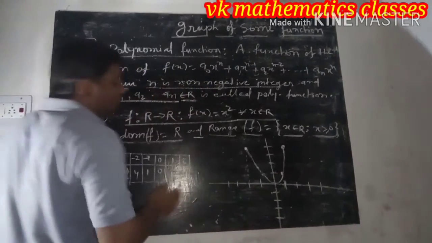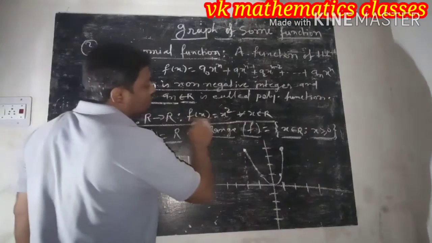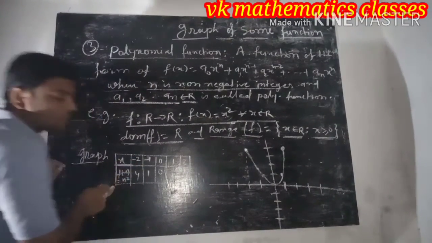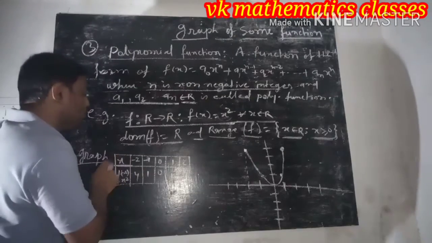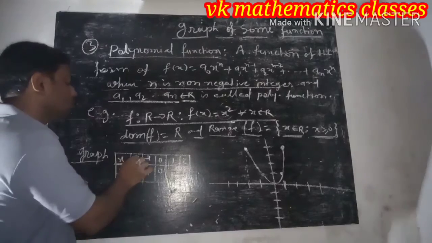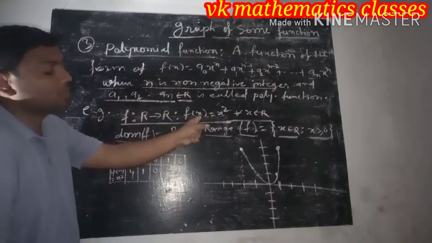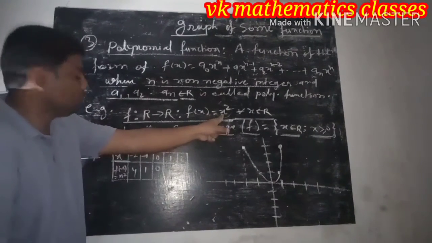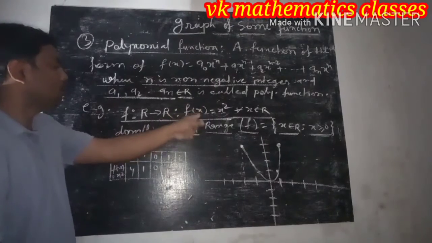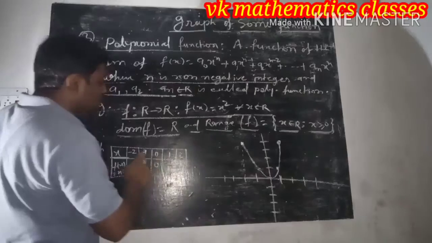Now we take the graph of this function, f(x) equals x squared. Putting values of x into this equation: if x is minus 2, then minus 2 squared is 4. If we take 1 or minus 1, in both cases the square is 1. For 0, the square is 0.